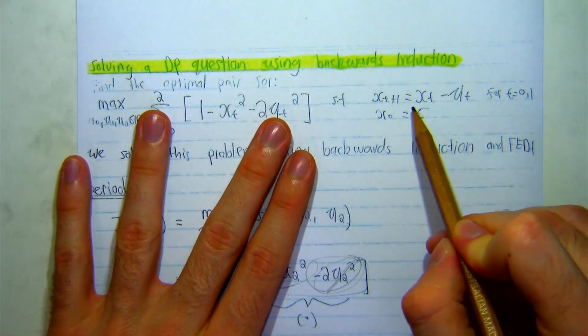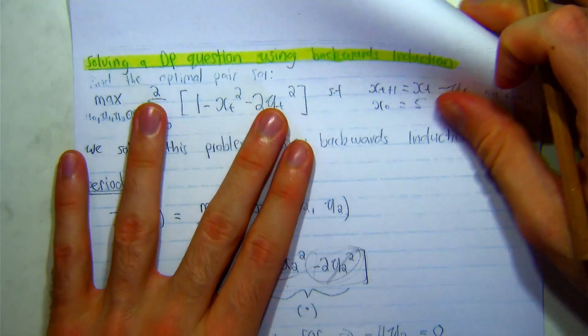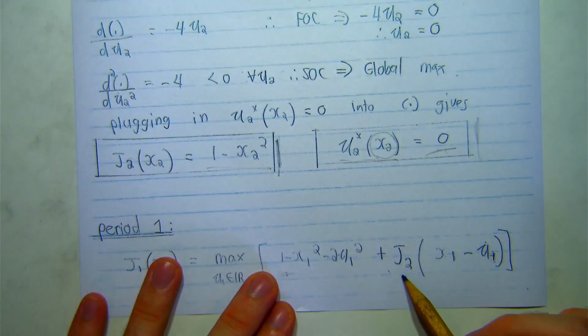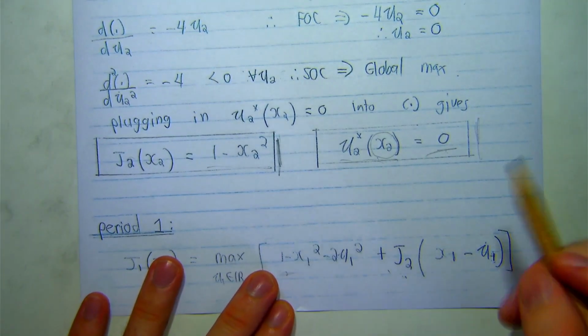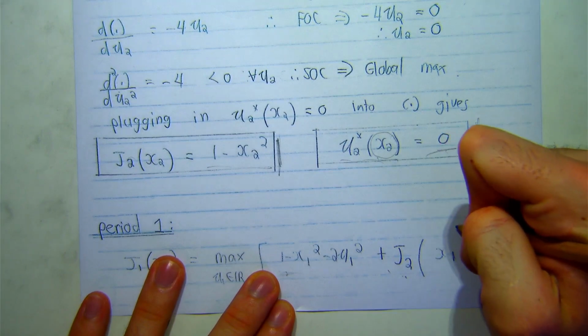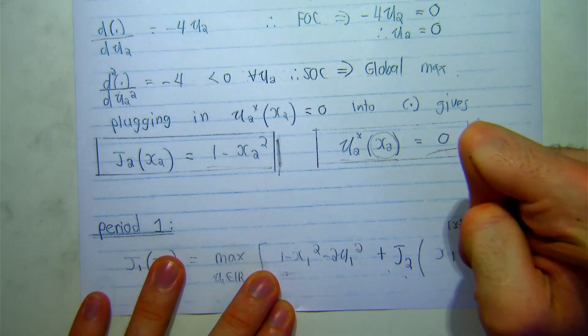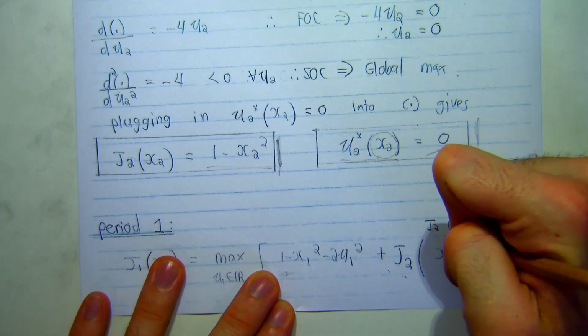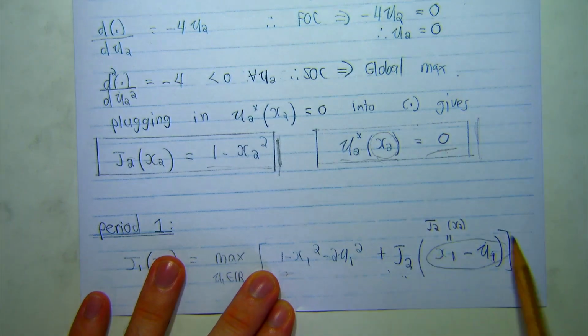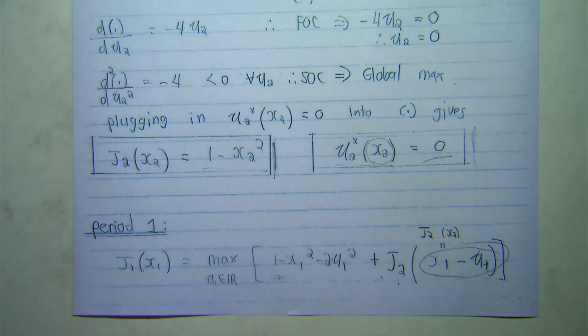So xt plus 1 is equal to xt minus ut. So our j2 function here, which is j2 of x2, is going to be equal to this, as that is what determines x2. And now we've converted the whole problem into something that is based off one variable that we have choice over, which is u1.